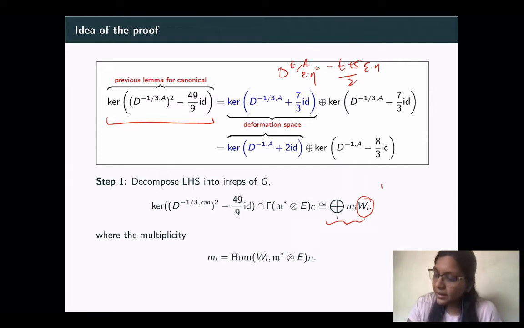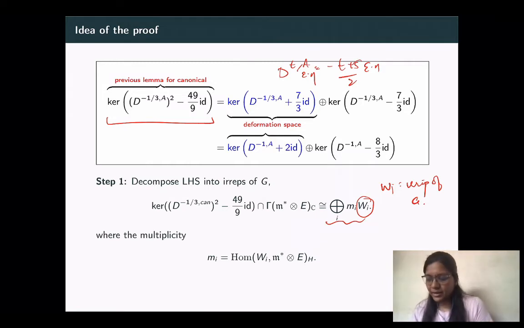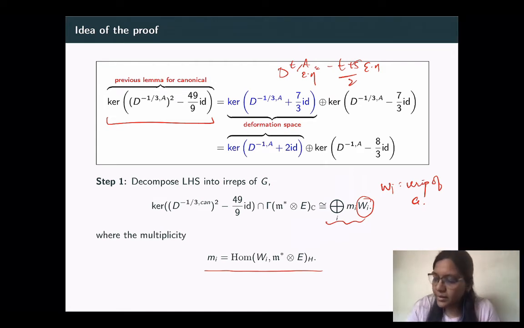So wi is an irrep of the Lie algebra of the Lie group G, or the Lie algebra of G. It's the same thing. So we have these, and mi is just the multiplicity. The multiplicity is given by this formula. I think it should be the dimension of the Hom space of wi and M star tensor E. So this is how the multiplicity is given.